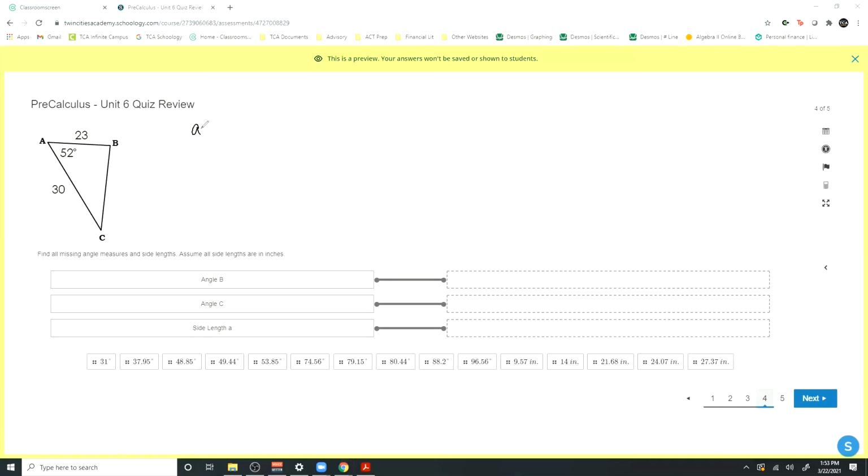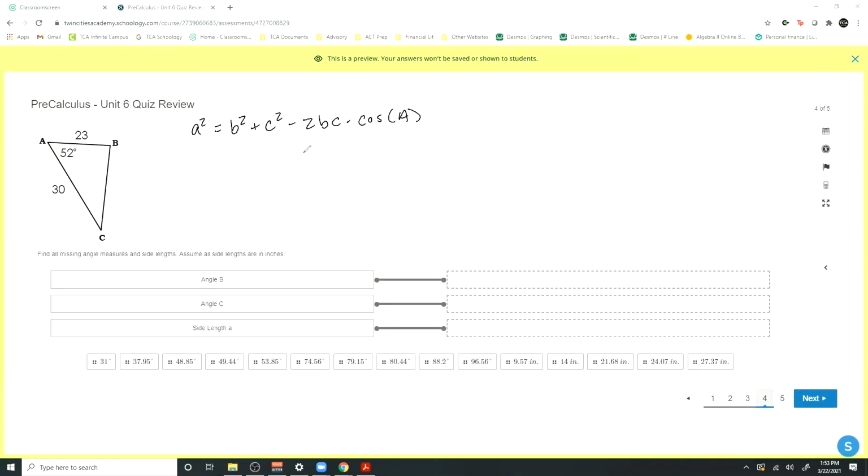So that's going to say a squared is equal to b squared plus c squared minus 2 times b times c times the cosine of angle A.